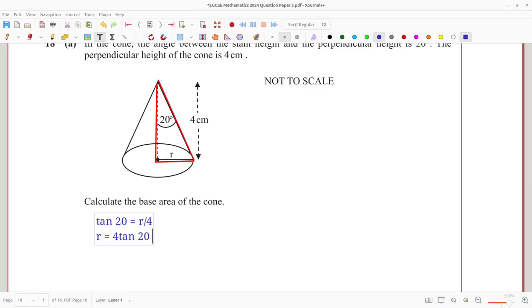Let me write it as this. This is equals to 1.455, blah blah.